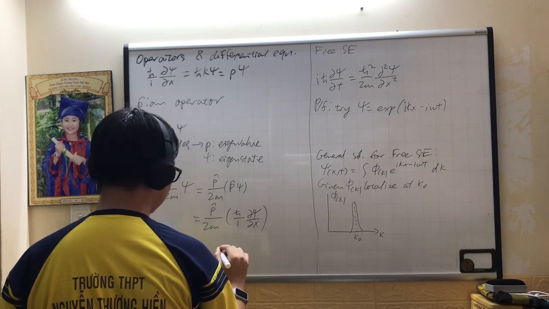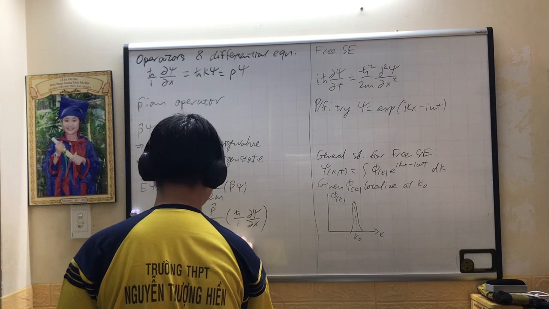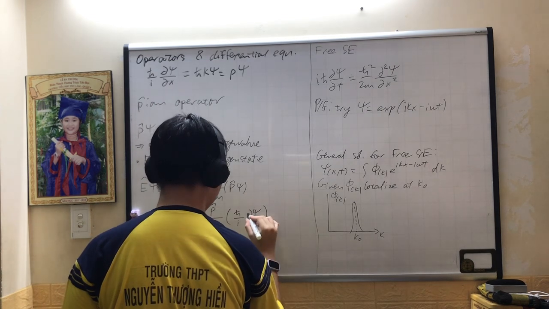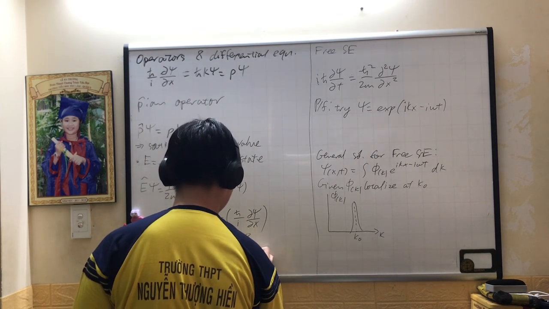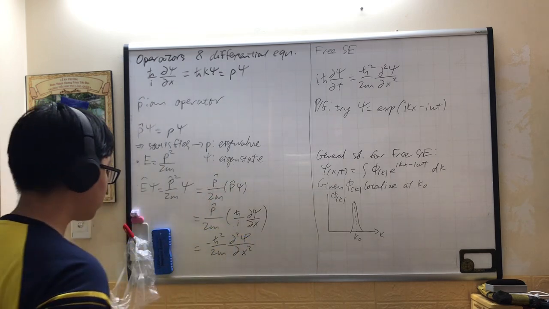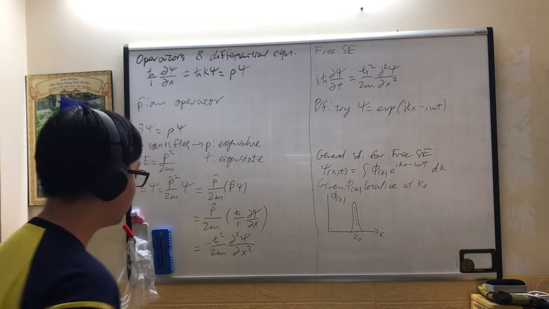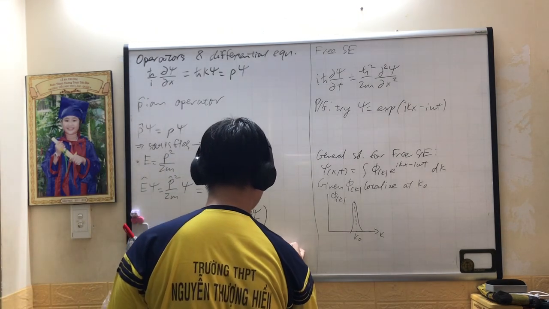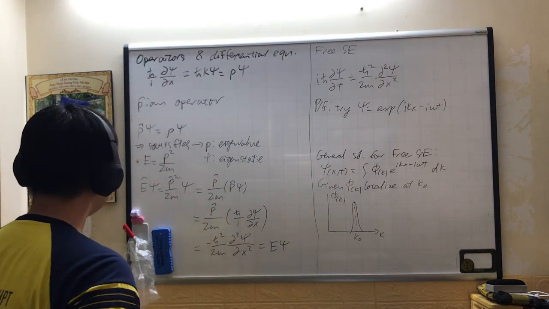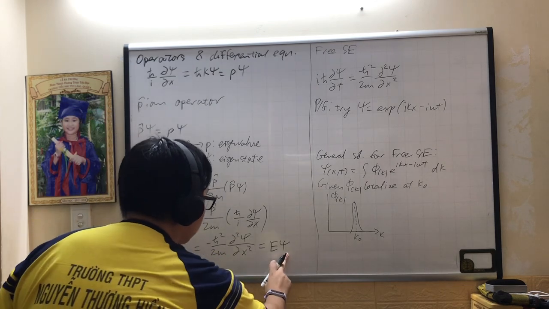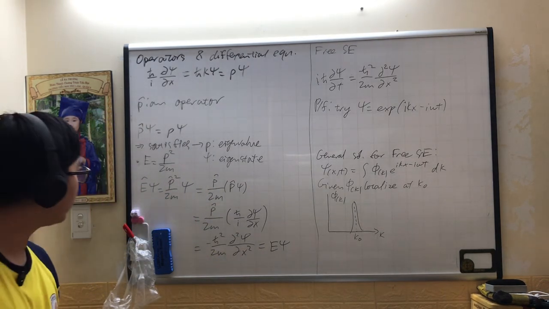And the final solution you would get would be minus h bar squared over 2m, the second derivative with respect to x. So this would be equal to E psi also. So we can say that psi here is an eigenstate of the energy.